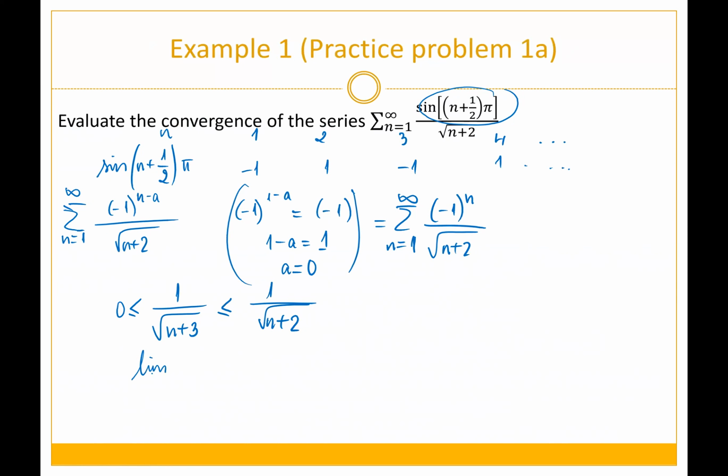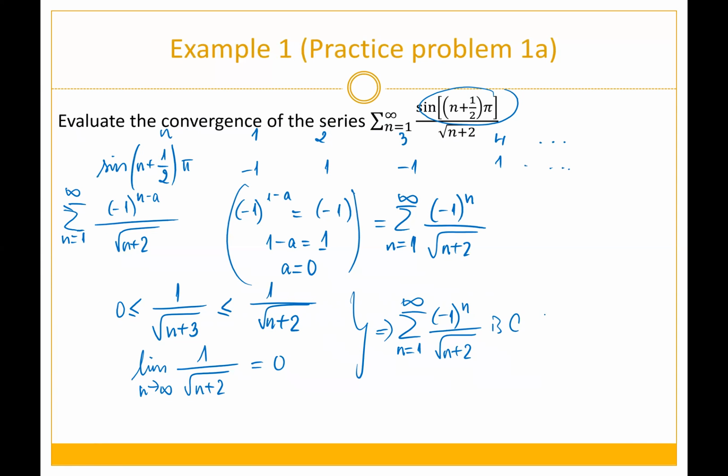And then you have the limit as n approaches infinity of 1 over square root of n plus 2, which is 0. So this series is convergent by the alternating series test. So you have two conditions satisfied.